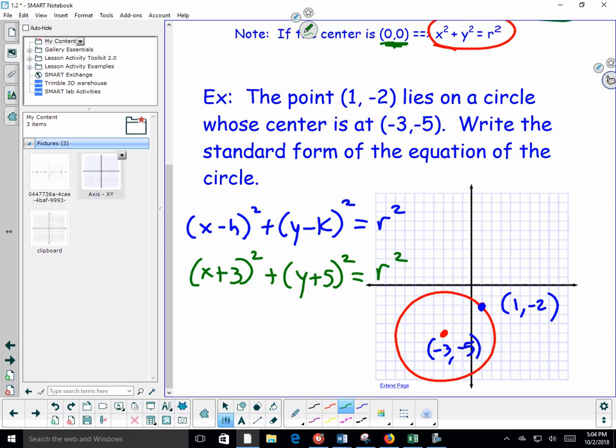But I don't know r, so I haven't found my equation just yet. But I do know that one point on my circle is 1, negative 2. So I could plug in 1 for x and negative 2 for y and solve for r.